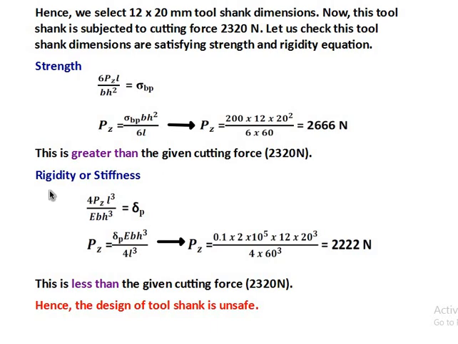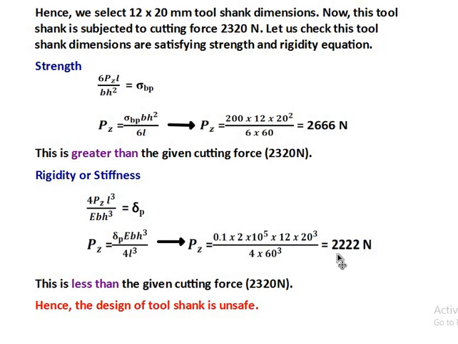Now consider the rigidity or stiffness criterion. We know that 4P L cube divided by EBH cube is equal to the deflection. From this, we can find the force in the vertical direction, which is equal to deflection into EBH cube divided by 4L cube. Now substitute all the values: delta is 0.1, E is 2 into 10 power 5, B is 12 and H is 20, divided by 4 into 60 cube, and you will get 2222 Newton.